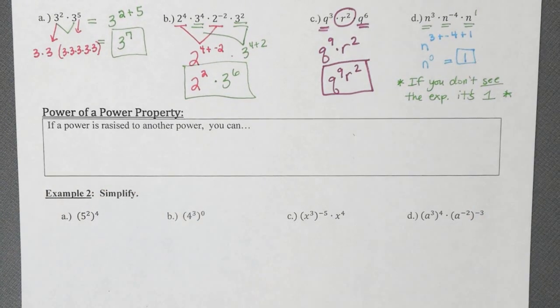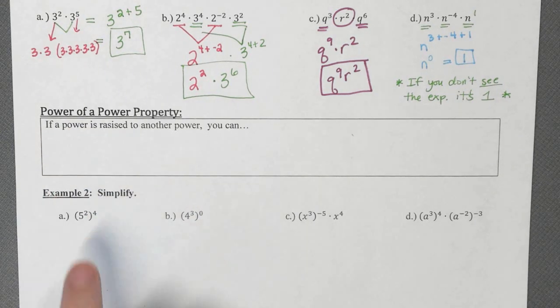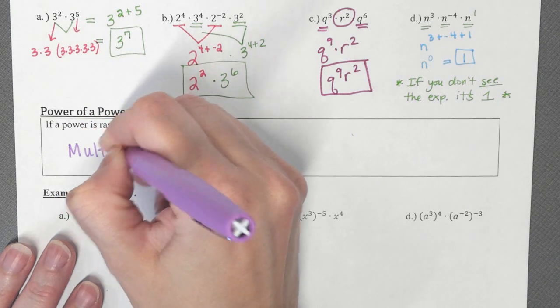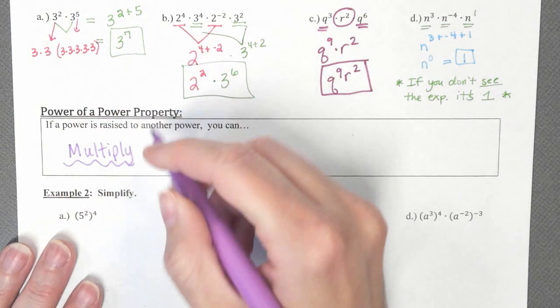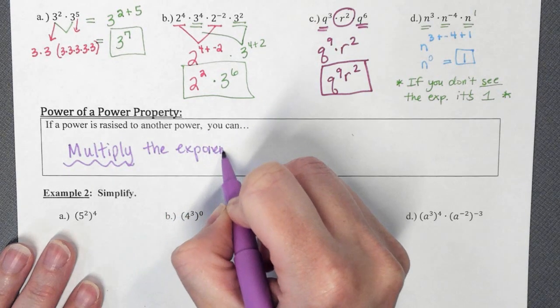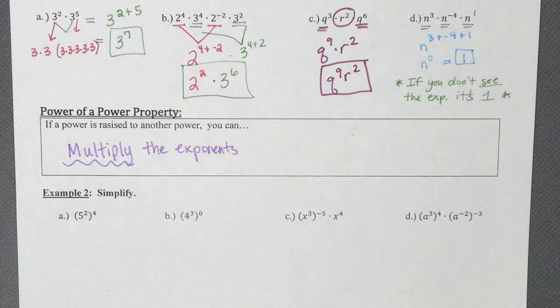And then the next rule we're going to talk about is the power of a power. So this occurs when you have a power raised to another power. When that happens, you can multiply the exponents.